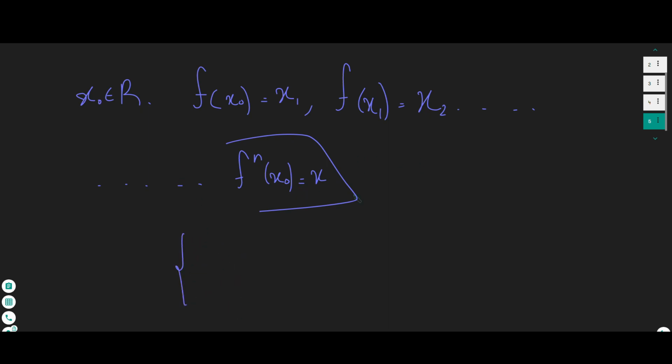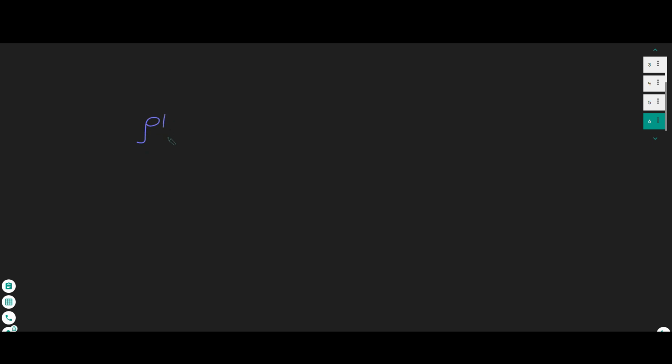We're going to investigate what happens with the sequence of these points. Now let's look at rho of x sub n and x sub m, where these are just two points in the sequence that we talked about just now. And let's say m is greater or equal to n.